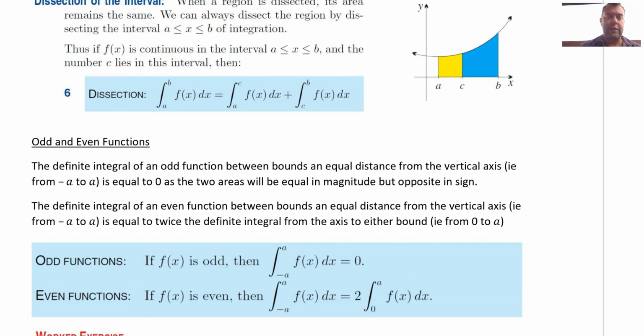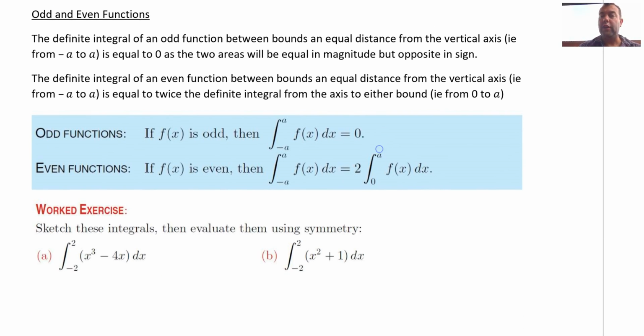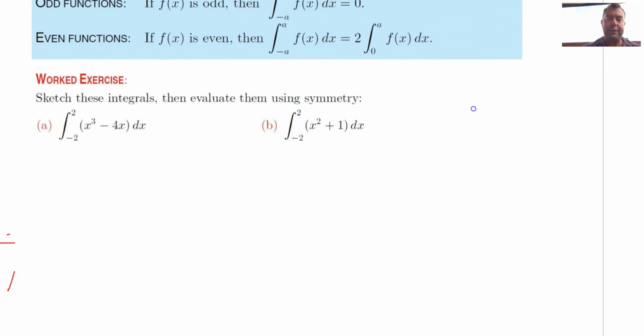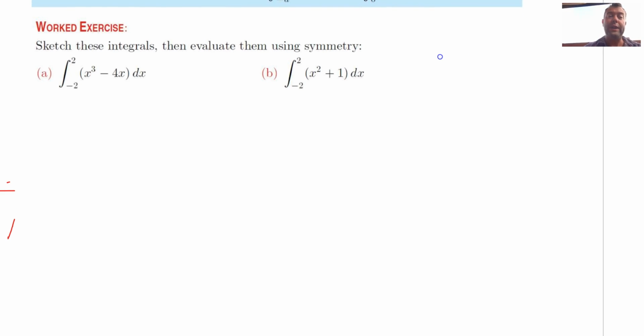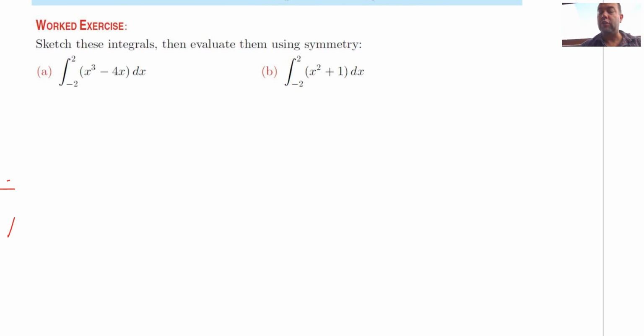That's dissection. Odd and even functions, you've learned about these before. Do you remember what odd and even functions are? If not, go back and check it out. But they can be a real shortcut. If we can recognise that we are integrating an odd function over a symmetrical interval from negative a to a, or in this case negative 2 to 2, we can straight away write it off as 0 because those two areas are going to cancel each other out.